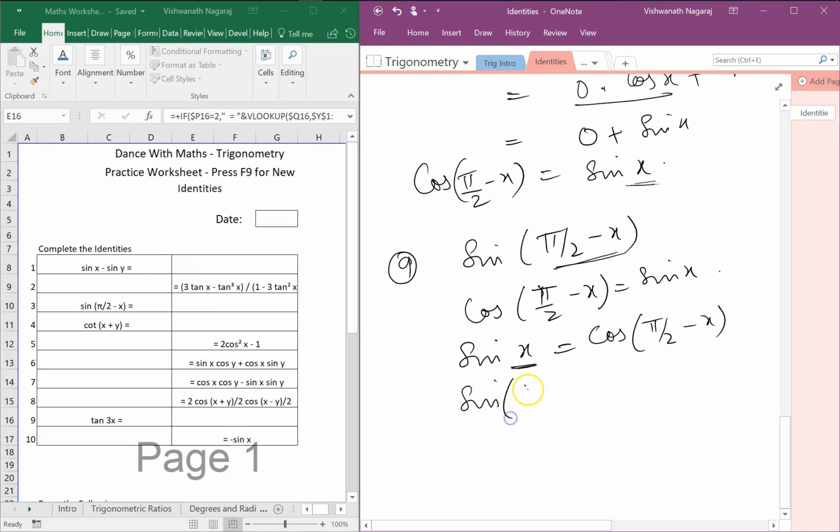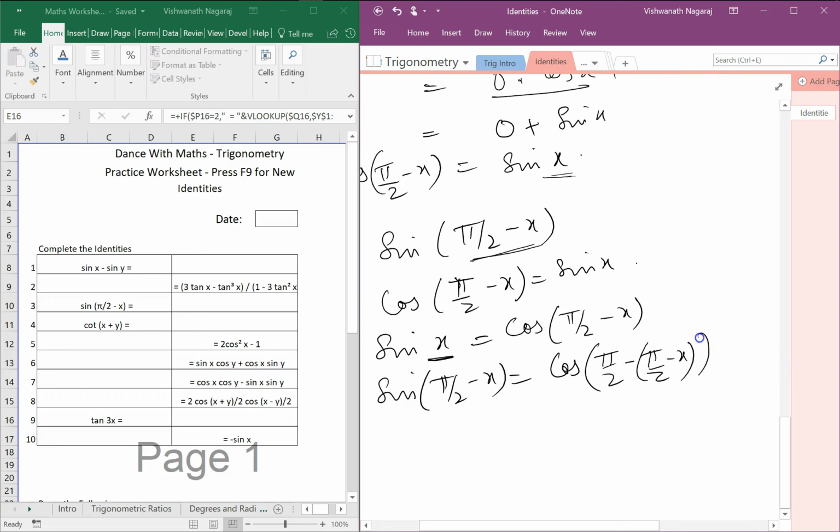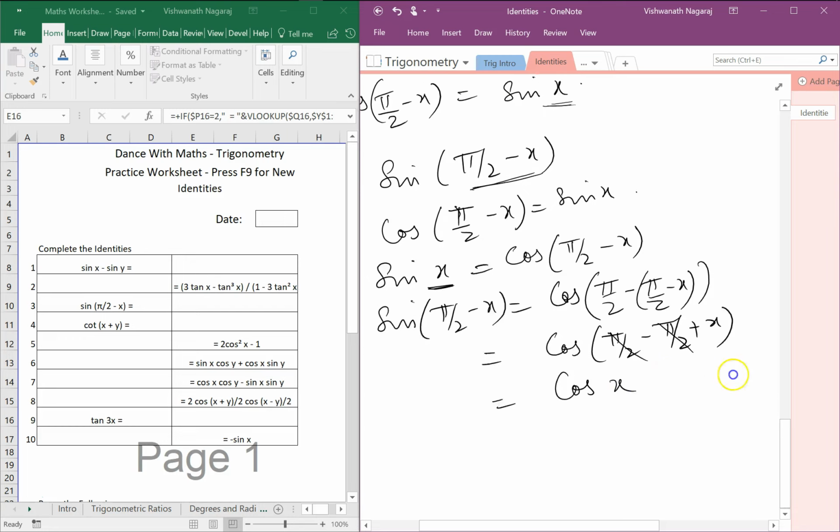So sin pi by 2 minus x is equal to cos, and this entire thing has to be put where the x is. So here pi by 2 minus pi by 2 minus x, which is equal to cos pi by 2 minus pi by 2 plus x. This and this goes off and you are left with cos x.